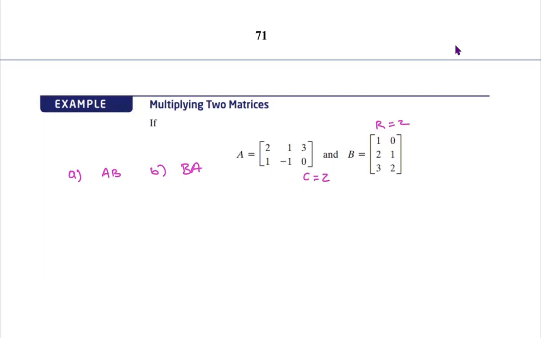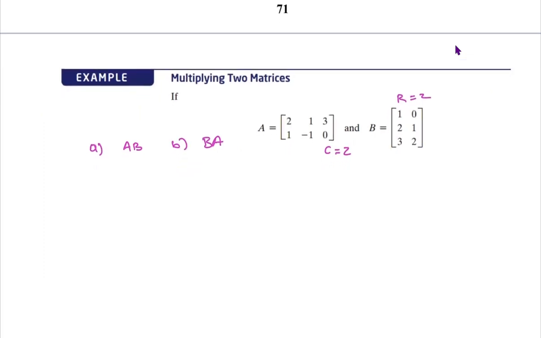So we can perform AB. So let's go ahead and AB equals, that is the A, 2, 1, 3, 1, -1 and 0. And then 1, 2, 3, 0, 1, and 2.